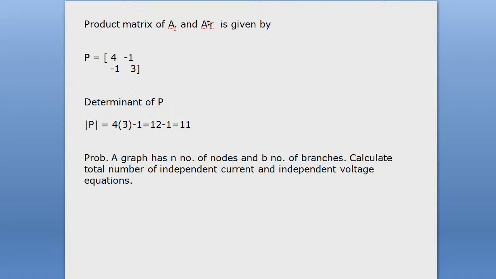You have already completed KCL and KVL, and at that time you realized that the number of voltage equations is equal to the number of nodes, and the number of current equations means the number of loop equations or mesh equations. From graph theory, you can also calculate the voltage and current for a circuit.